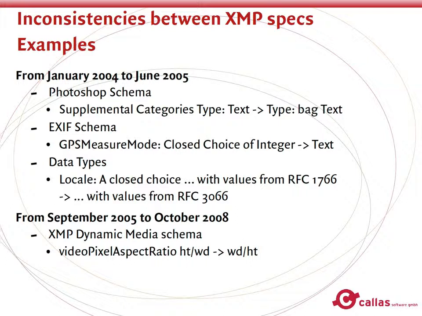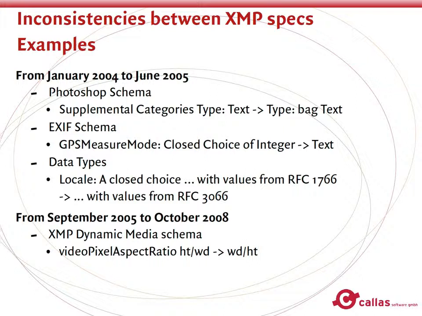So from one text item into a couple of text items. And a validation program that wants to validate whether this entry is valid needs to know which XMP specification this particular PDF is based on.